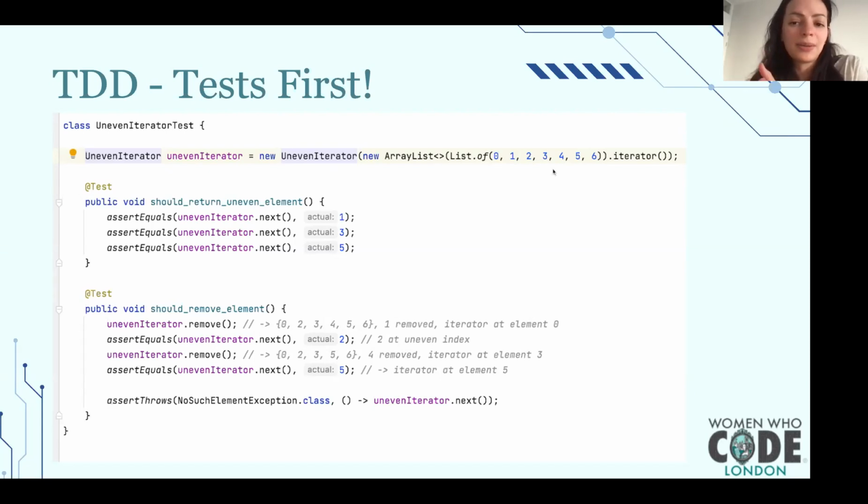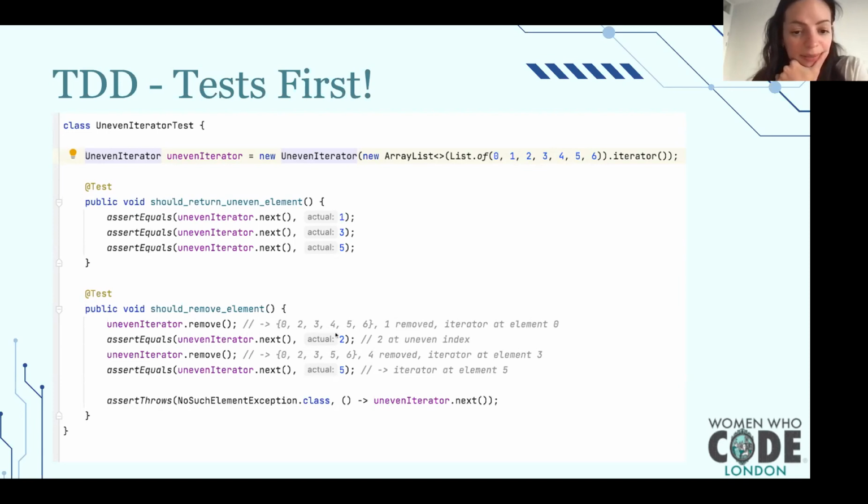But here we want to be at position 1 first, the next at 3, and the next at 5. That's what we expect. And we write tests like this is what we expected. It should return an uneven element. And also we want to remove an element, and that also should be an uneven element.